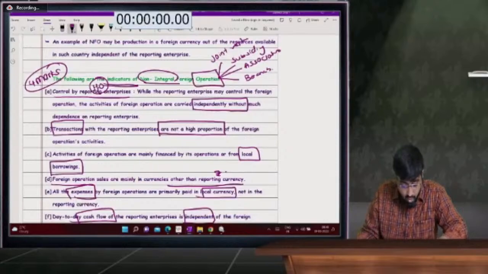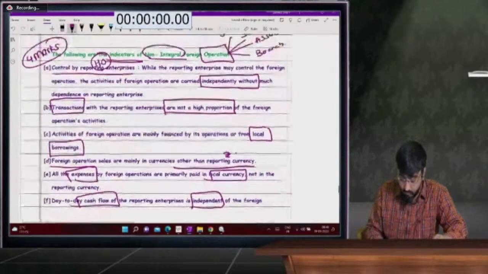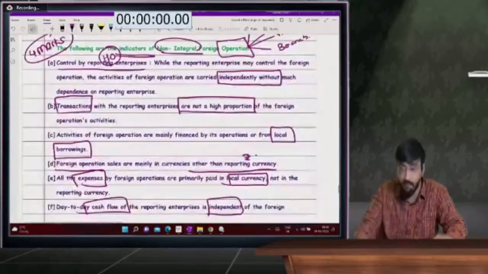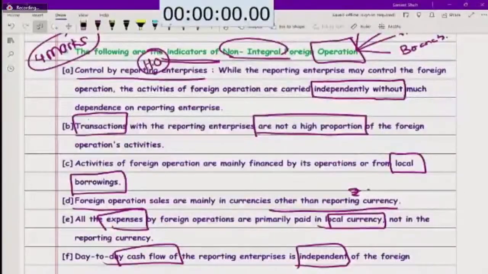Operation means any joint venture that you have. I hope you got the concept of non-integral operation. Easy hai? Easy hai, ekdum easy hai.